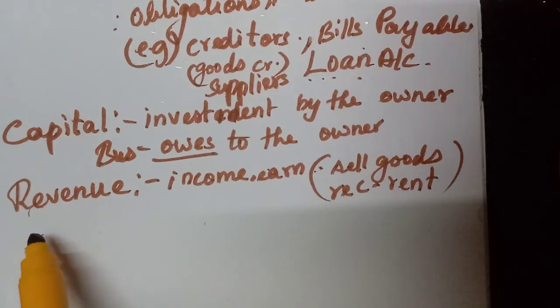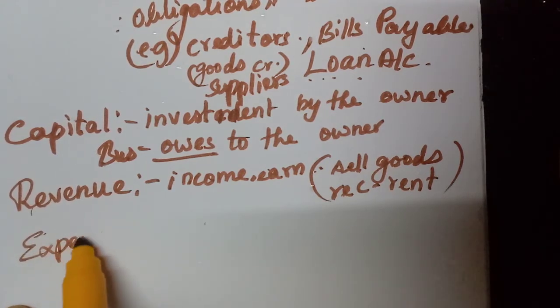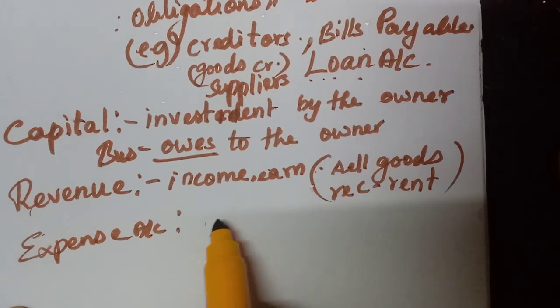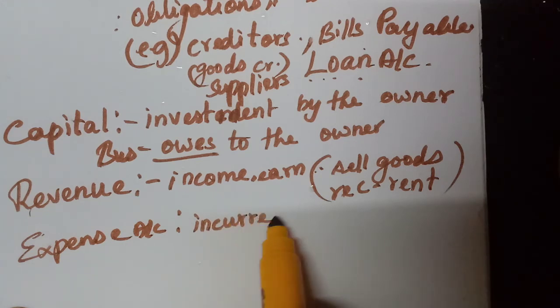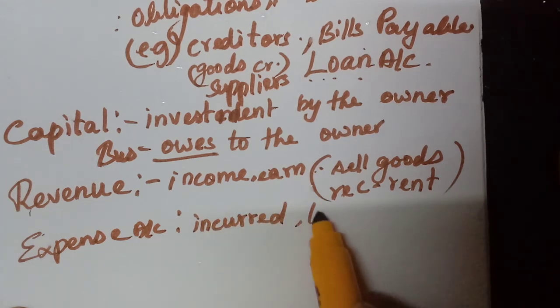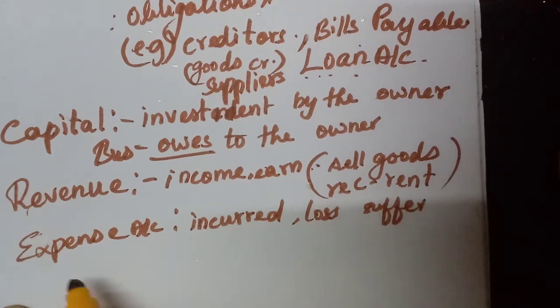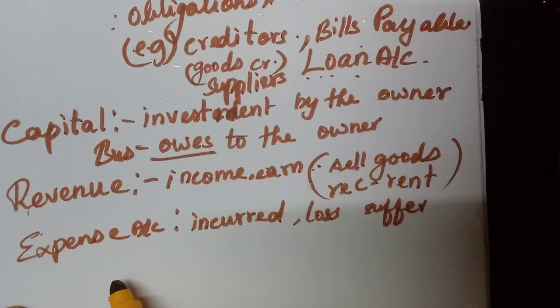Then the next one, expense account. Expenses are incurred, or any loss we suffer. They both are expense accounts.